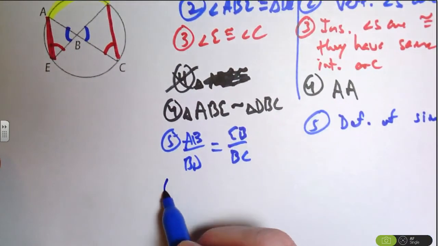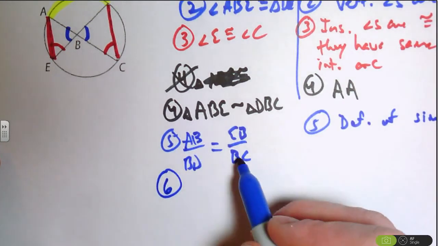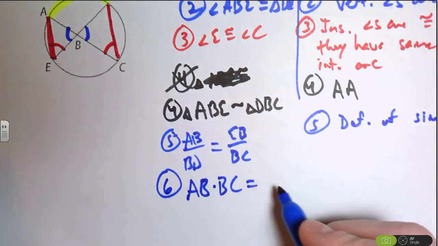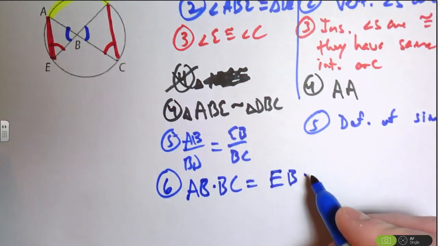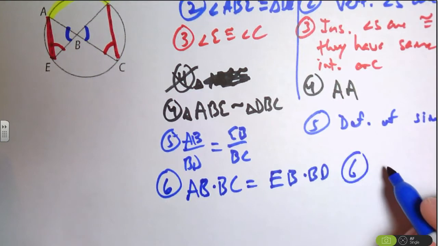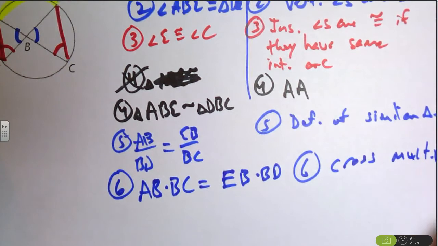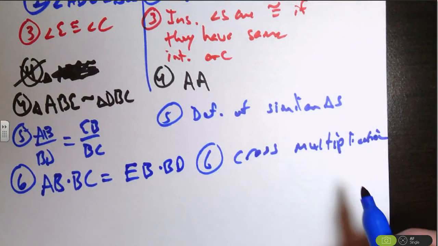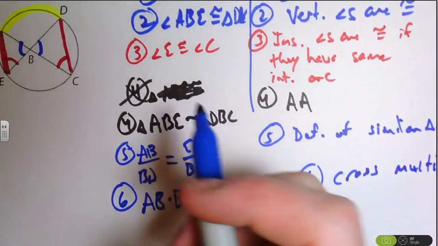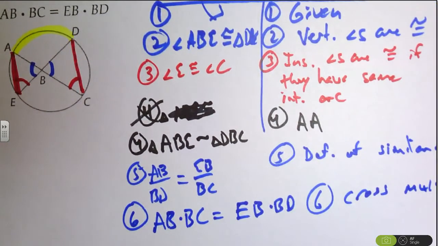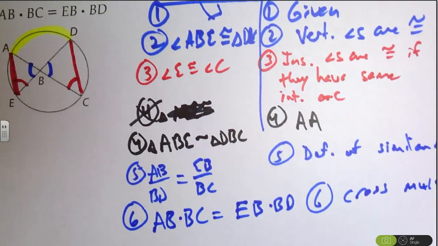Then for step 6, I'm going to cross multiply: AB times BC equals EB times BD. The reason is cross multiplication. Sorry, running out of space again, but believe me, that says multiplication. So that's this theorem here. The reason I bring it up is that we haven't seen a proof for a while, and this section is a good one to go back through.